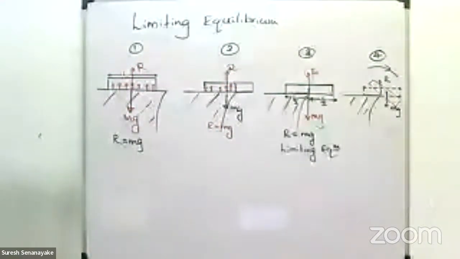the normal reaction, capital R, is acting vertically upward through the center of gravity of the body.